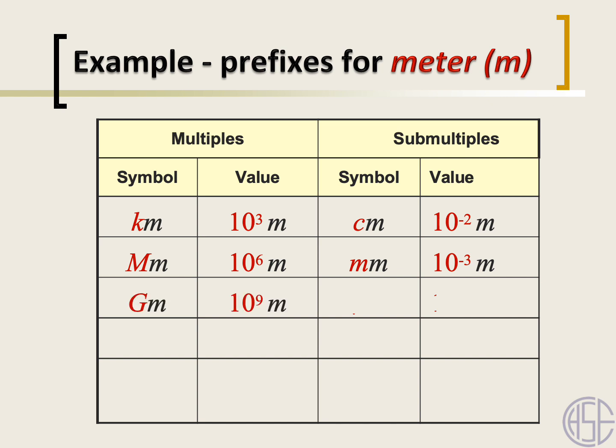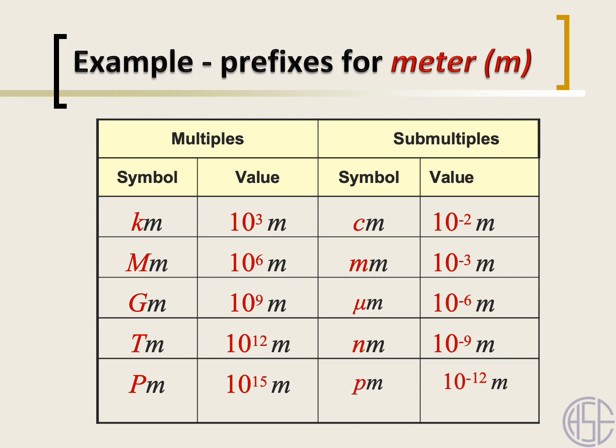Like that, you can convert every prefix into standard terms. So remember the value of each prefix, just replace by the value and put the unit correctly. Then you will get it in standard form. Okay, so this is how you convert the prefixes into standard form. We will do some examples after this.